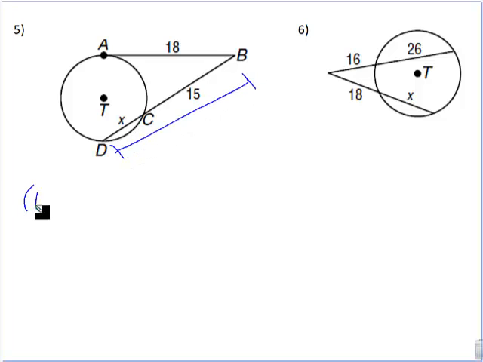Yep, so we'd have to say 15 plus x, and then times what's the length outside? 15. Equals the whole length of AB is 18 and the length outside is 18. So 18 times 18.